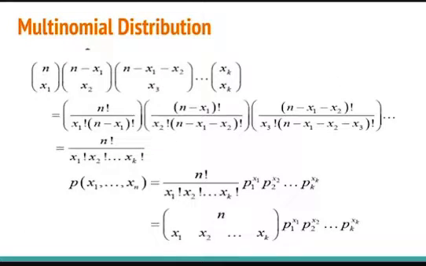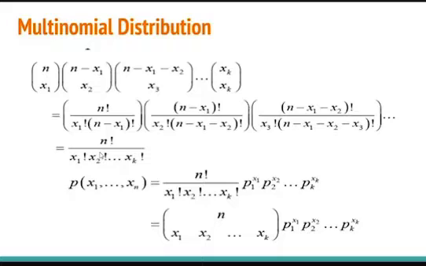Now, I want to do some mathematics. I basically want to prove that n factorial divided by x1 factorial, x2 factorial to xk factorial, the beginning is that, where I want to select x1 from n. N combination x1, right?